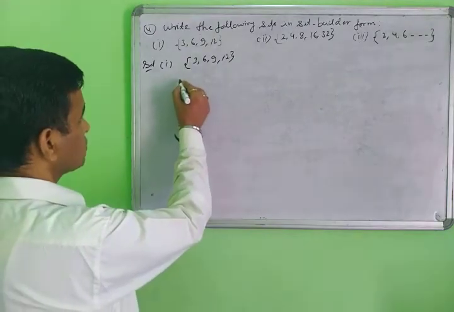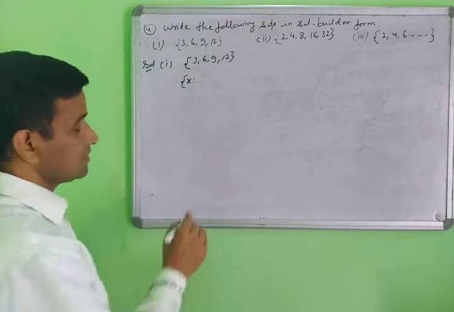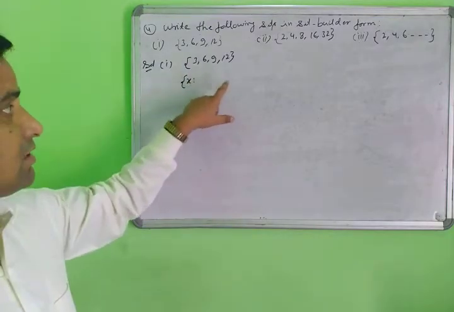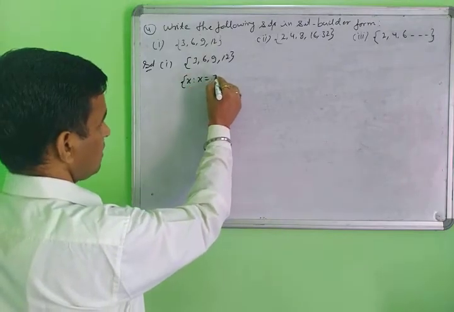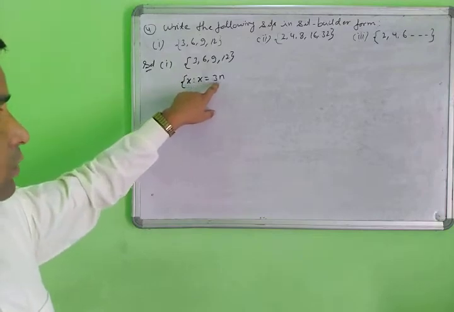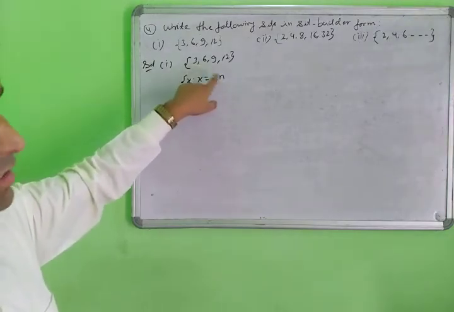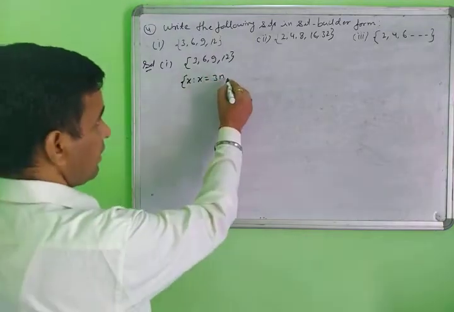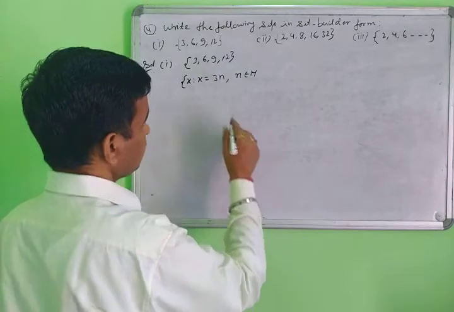So the solution is x such that x equals 3n. This "such that" form is the set builder form. x such that x equals 3n means multiples of 3. And what is n here? n belongs to the natural numbers.